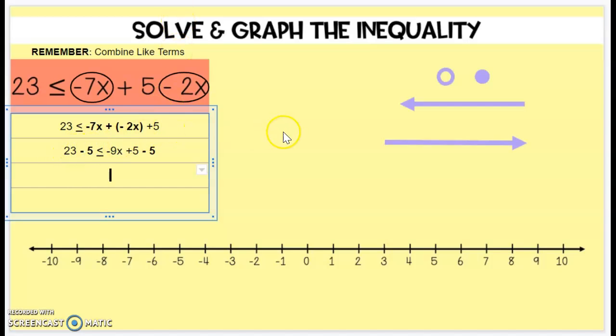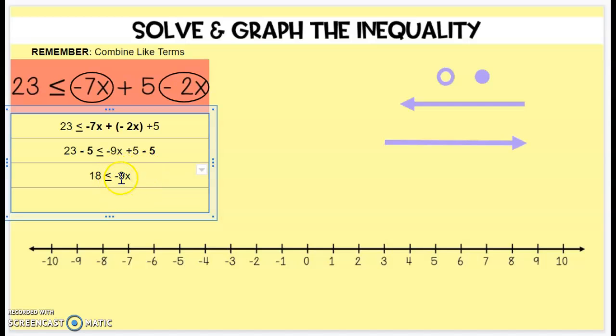23 minus 5 is 18, is less than or equal to, not greater than, less than or equal to my negative 9x, because my positive 5 and my negative 5 cancel each other out. At this point, I am going to do the opposite of the multiplication that's happening here.